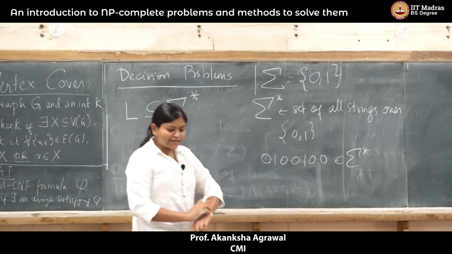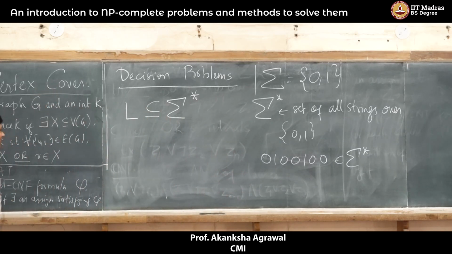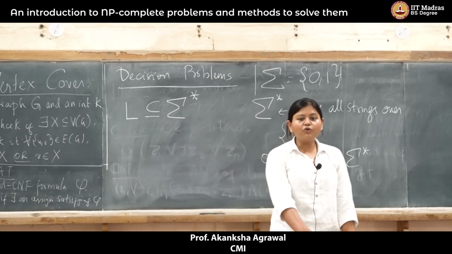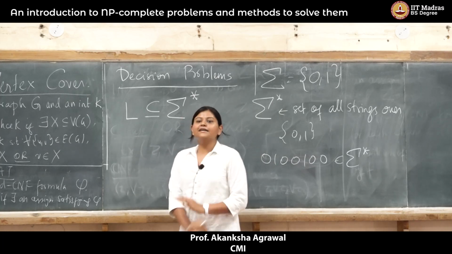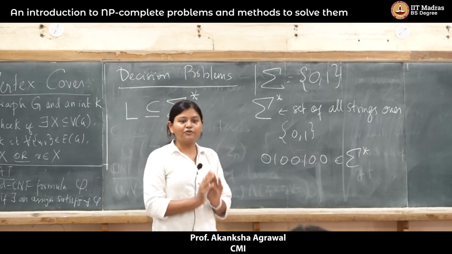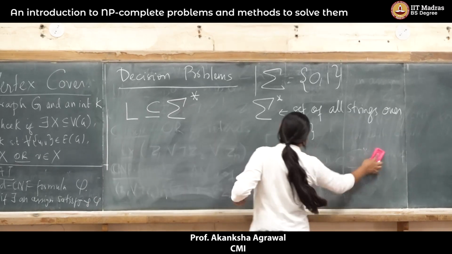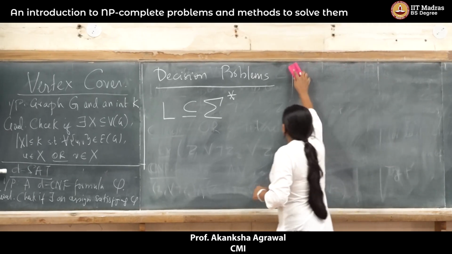Okay, now let's understand. We defined these problems, vertex cover, DSAT, in English language, right? Now how do we define a decision problem in terms that a computer understands? Okay, in the language of computers. So let's try to do that. Any guesses?